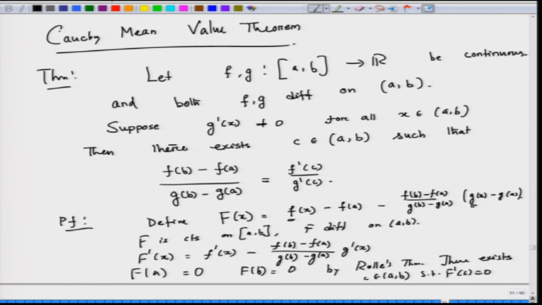Now, F prime of c is equal to 0, so this will imply that f prime of c is equal to f of b minus f of a divided by g b minus g of a into g prime of c. Because g prime of c is not 0 anywhere, we can divide by g prime of c.